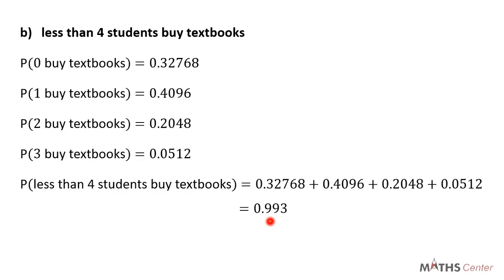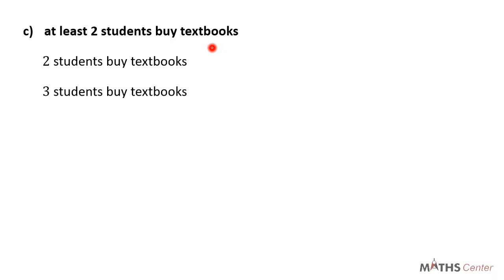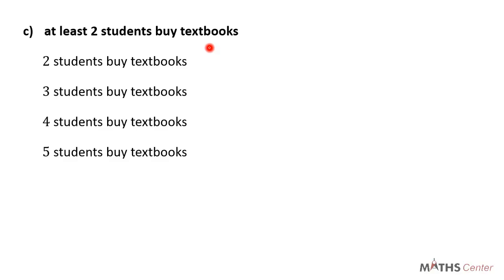Let's consider the third part of the question. The third part of the question says that at least 2 students buy textbooks. Now remember that 5 students were selected. So if at least 2 students buy textbooks, then it means that it is either 2 students buy textbooks, 3 students buy textbooks, 4 students buy textbooks, or 5 students buy textbooks.